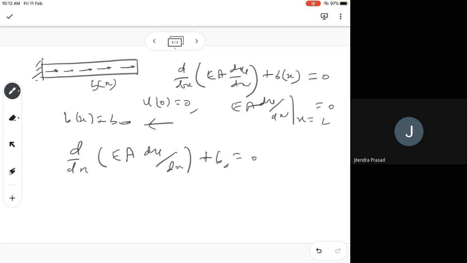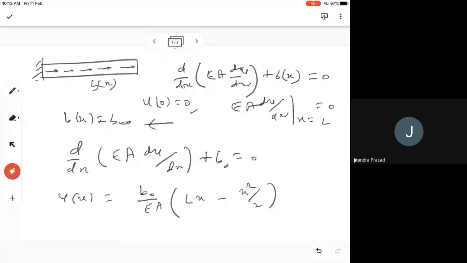Finally, if you solve it with the boundary condition, we have seen that u(x) equals b naught over EA, times L x minus x square over 2.